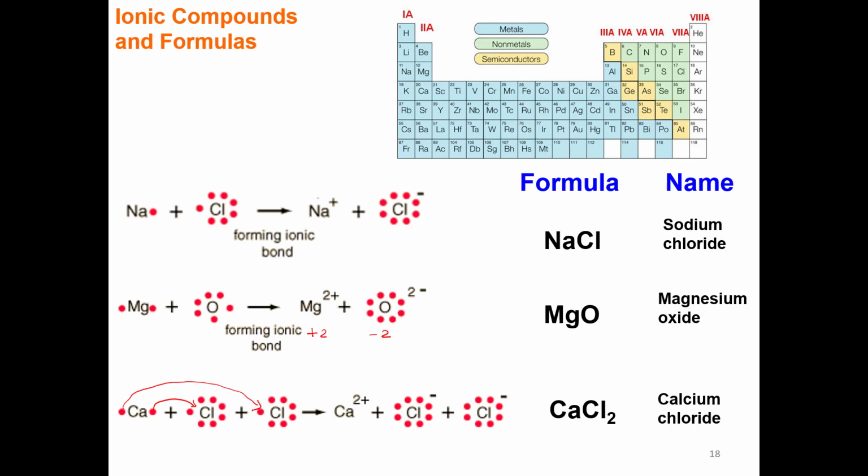In this way, calcium can transfer the other electron to the other chlorine. Then to form this compound, we need 2 chlorines in order to have a neutral compound.